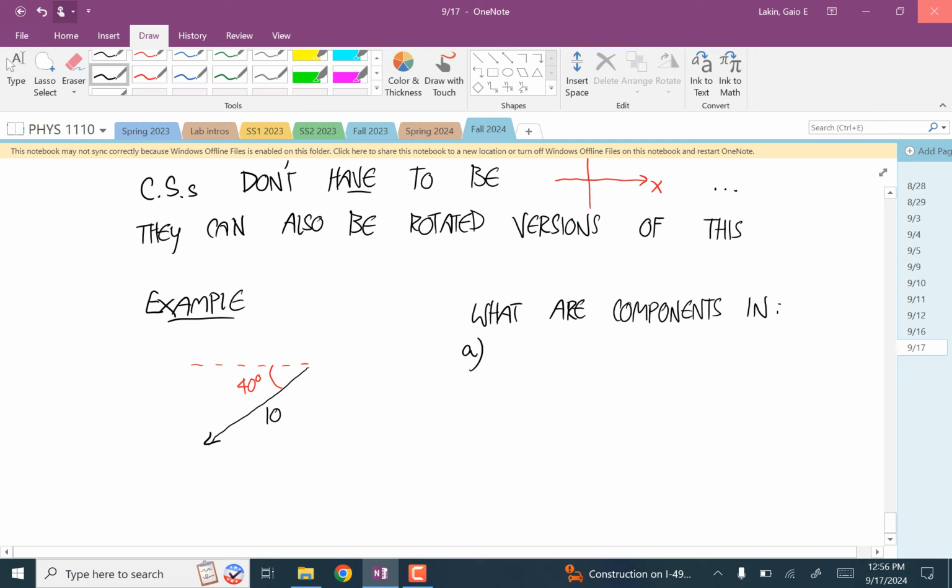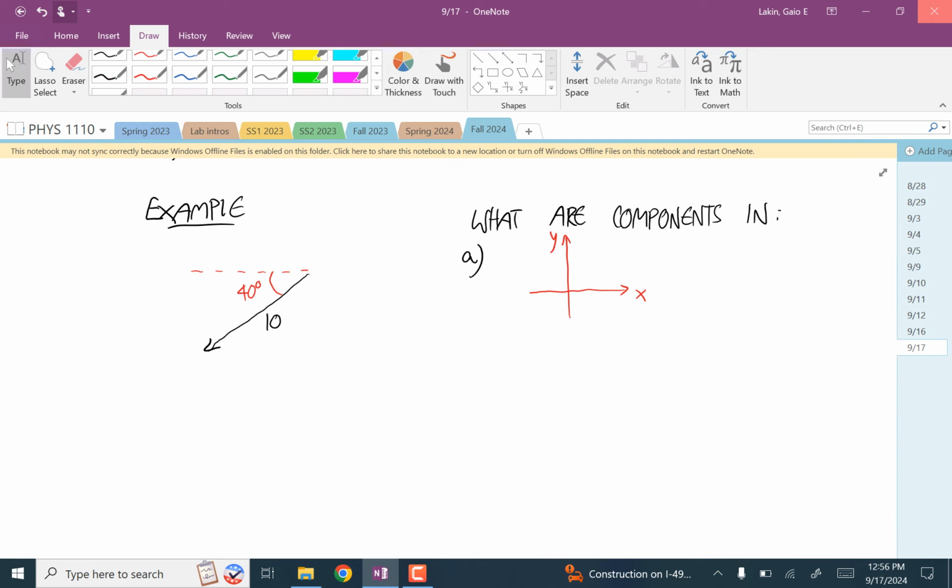First, in the usual coordinate system. Second, let's rotate this coordinate system so that the positive y-axis is pointing this way. And that means that the positive x-axis is pointing down.